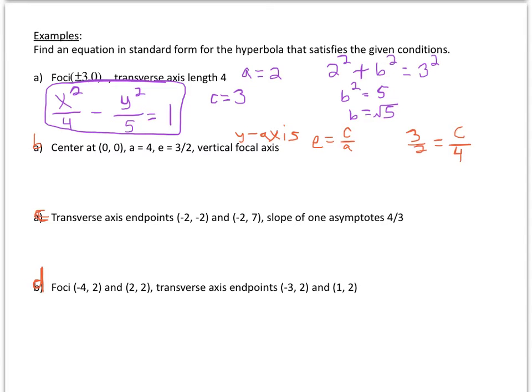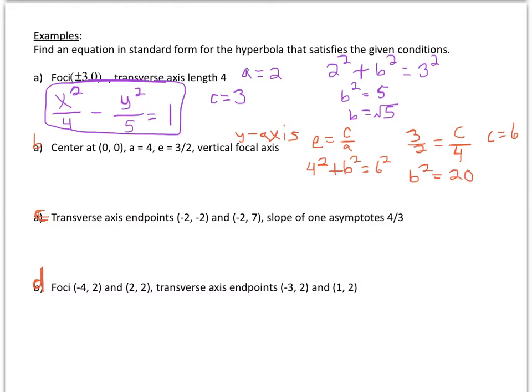It's 4. So there's actually a couple different ways to do this. We could use proportions pretty easily or cross multiply. Either way, we should end up that c is 6, which means that we can find b, because a is 4, so 4 squared plus b squared equals 6 squared. So 6 squared minus 4 squared, I believe that is 20. 36 minus 16.